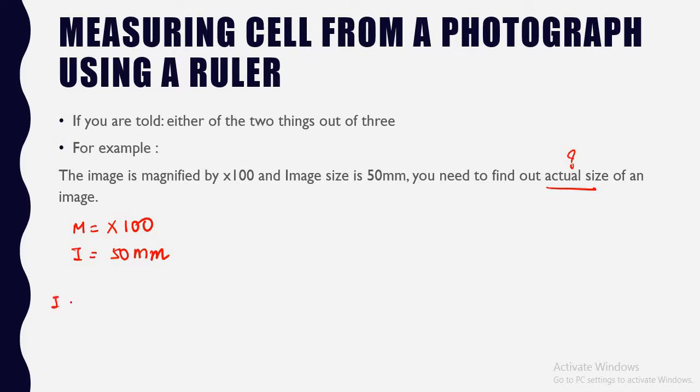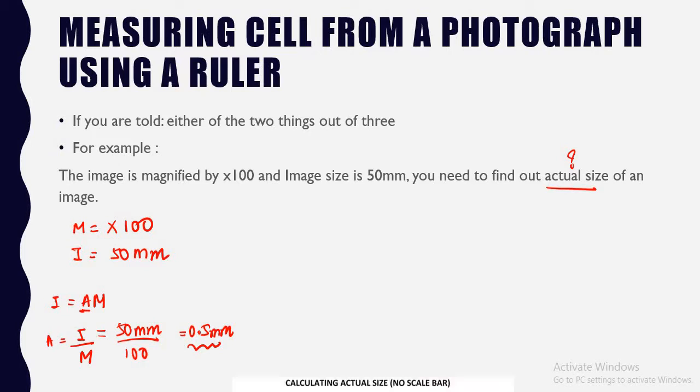So again, IM, you can make A the subject, because actual size is what you are finding right here. So A equals I by M. I is 50 millimeters, and M is 100. So that will be 0.5 millimeters. Here they have not asked you to convert the unit into micrometers, so just keep it as it is.